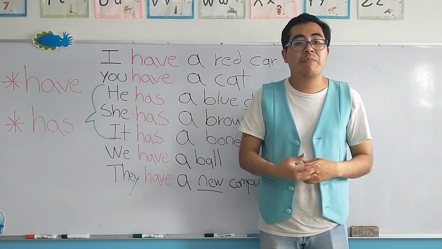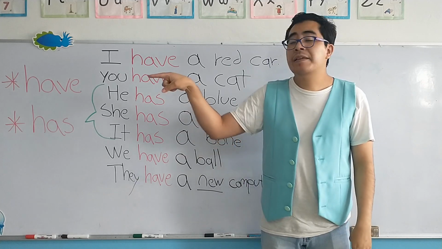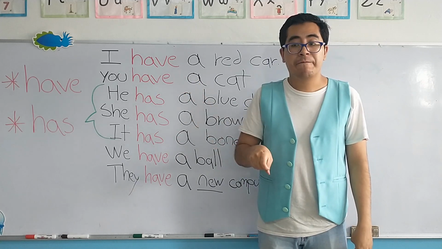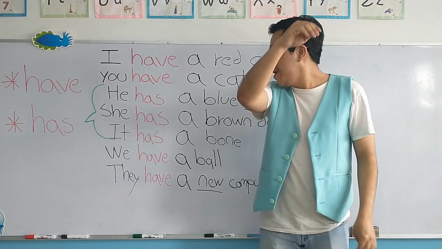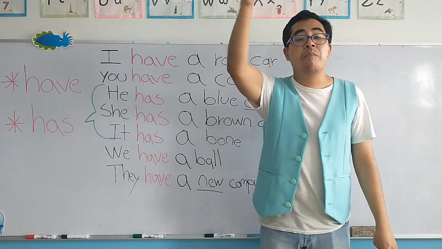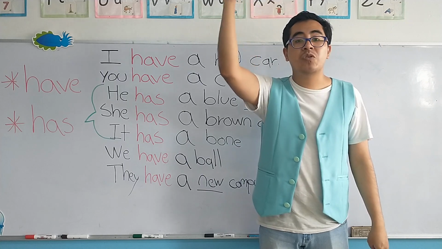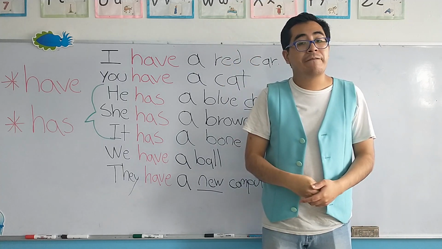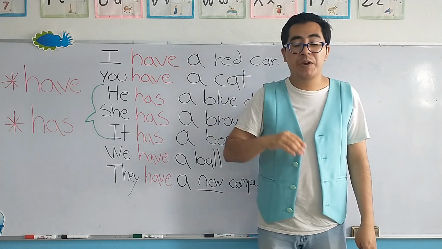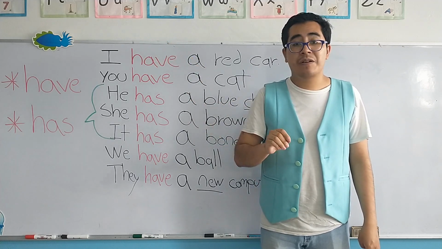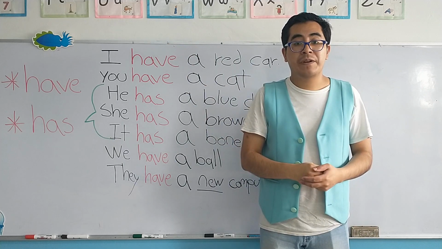Ella tiene un perro café. It has a bone. Eso tiene un hueso. We have a ball. Nosotros tenemos una pelota. And finally, they have a new computer. Ellos tienen una nueva computadora.